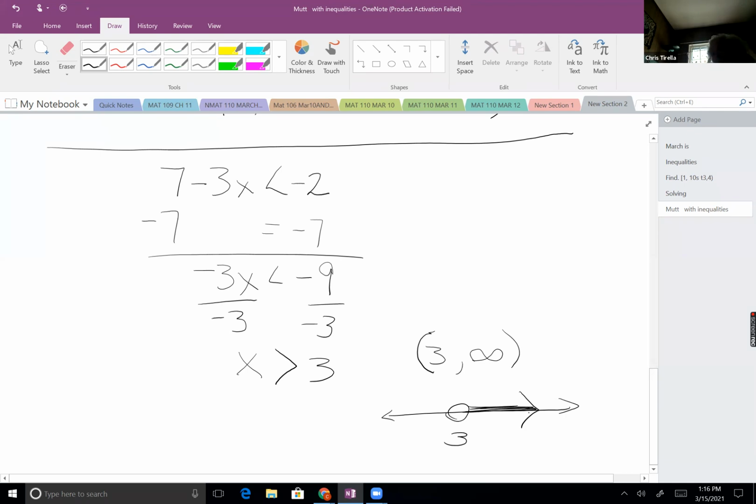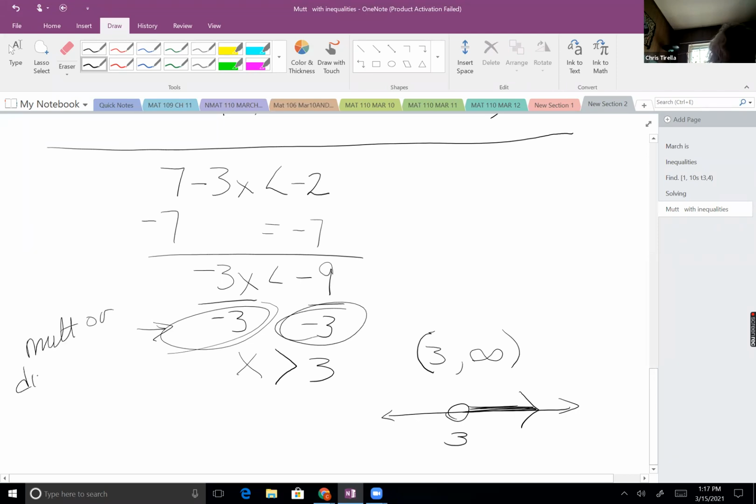Did everybody get the interval from 3 to infinity, that x is greater than 3? What makes us know that we flip it if you divide? If you multiply or divide by a negative.